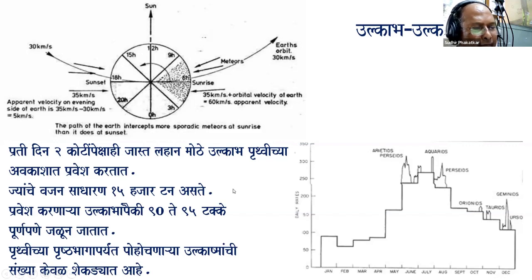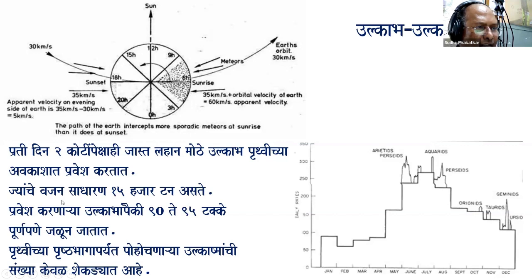So per day, more than 2 crore small, medium or big asteroids enter the Earth's atmosphere.